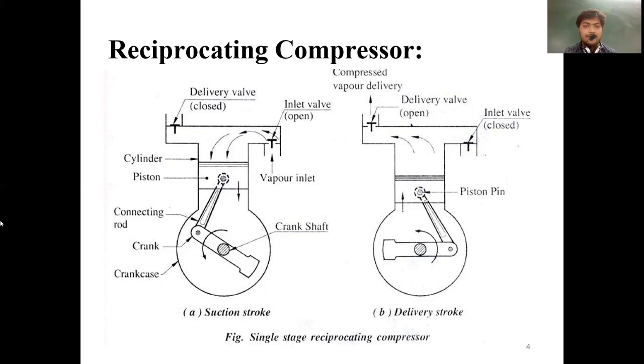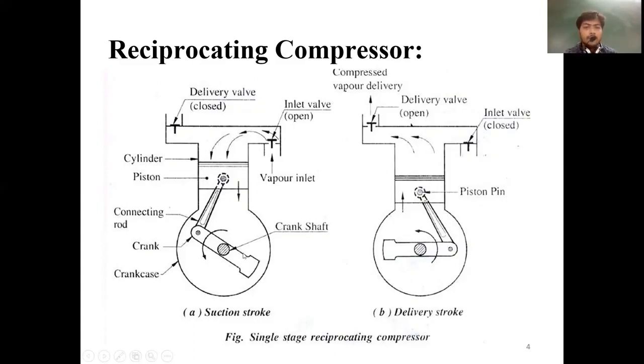How does it work? Here are the suction and delivery valves. Vapor enters at the inlet, and there is a piston and cylinder element connected to a crankshaft. The crankshaft is moved with the help of a motor, so the piston moves from TDC to BDC, and that is why pressure increases at the outlet of the cylinder.